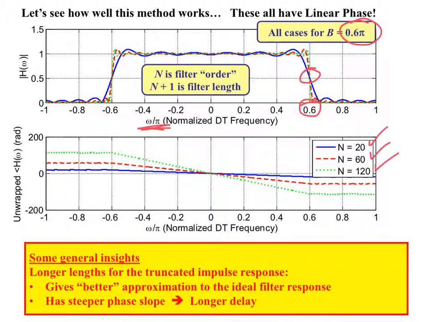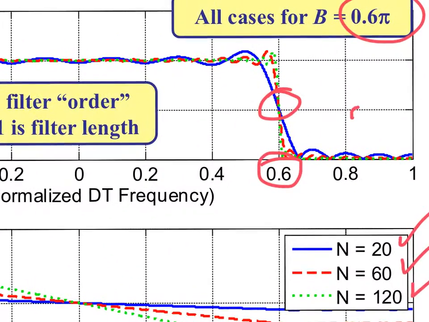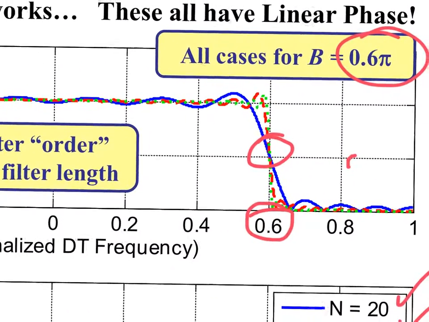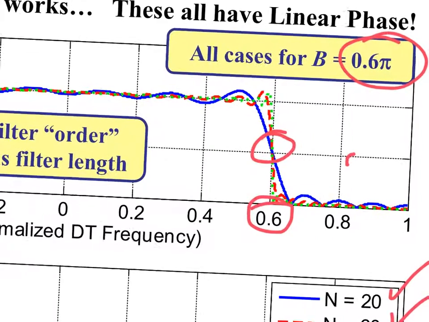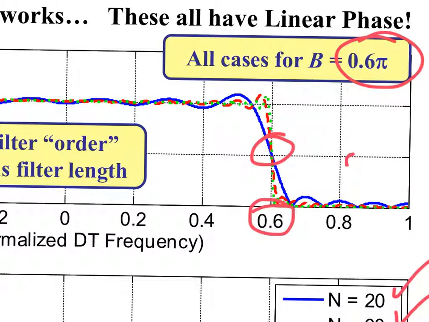And we can see a couple things here. If we zoom in on this, now I'm going to try something really fancy here. In the past, I've inadvertently done this, moved this thing around, but now I'm going to purposely move this around. So if we zoom in on this, I like this. So if we zoom in on these curves, we can see that as we go to higher and higher order, we get a sharper and sharper transition between passband and stopband.